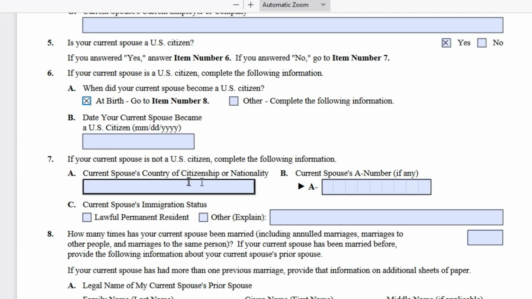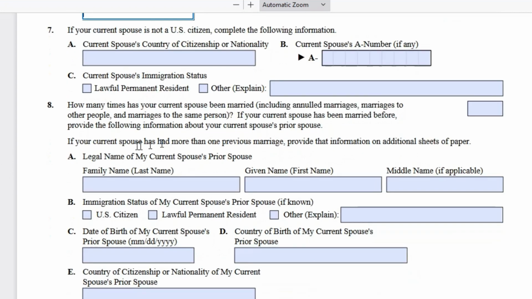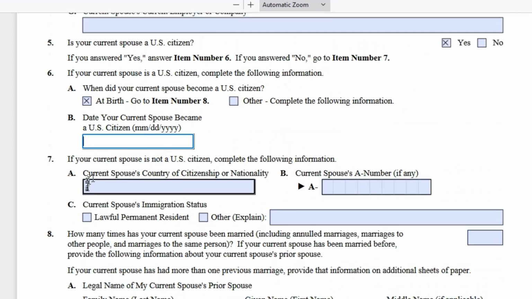By birth, etc. If he or she was naturalized, you're going to put the date they became a citizen. Then if they are not a citizen, you're going to put all these details here, lawful residence, etc. You can see here, lawful permanent residence is the green card.